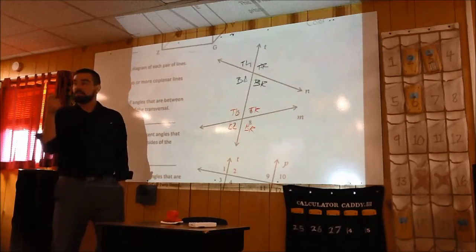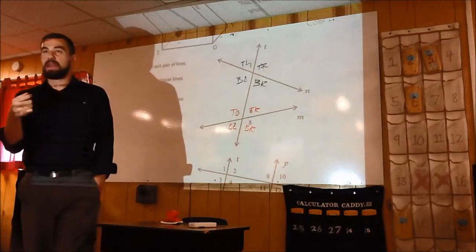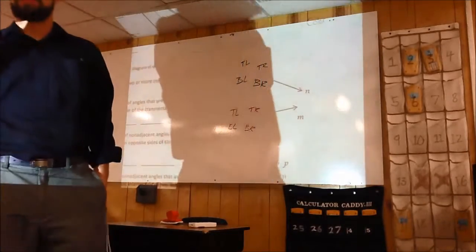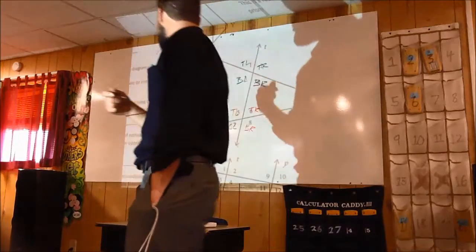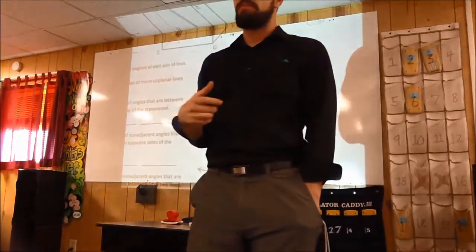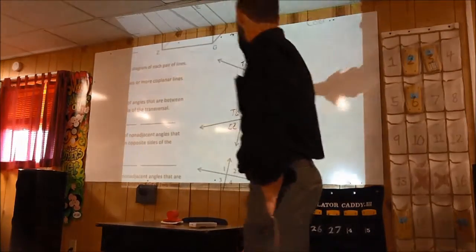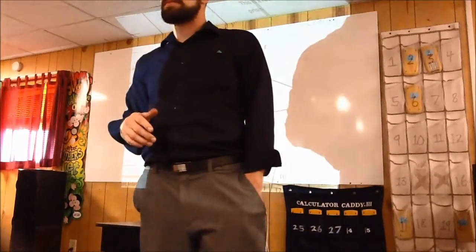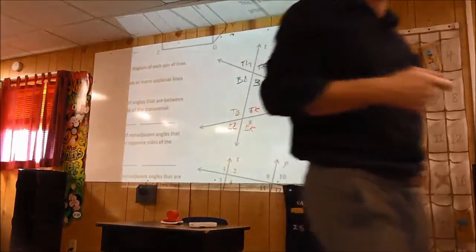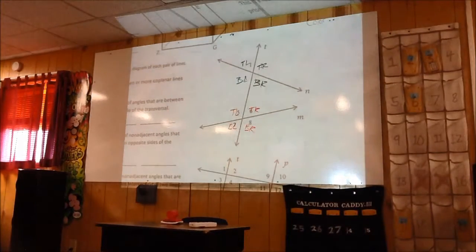On that first blank of your notes, I want you to write 2 angles. Give me another example of 2 angles that are corresponding. I gave you 1 pair. Now please, from this diagram, give me another pair of corresponding angles. Only on that first blank, because that other blank is going to come in handy in a sec.